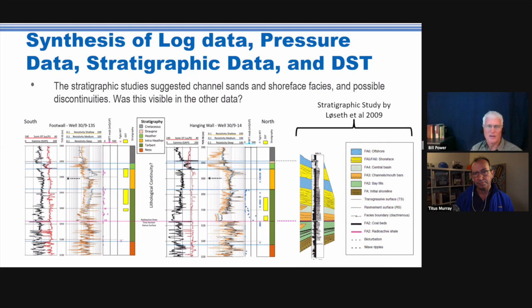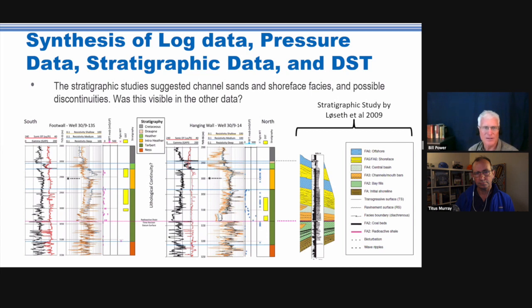Yeah. So the other thing that we were able to then pin down very clearly is how to tie the map, or does the map tie? So you can see in the top of both of those sections, the gray is the Cretaceous. So the base of the Cretaceous is where the gray ends. And that's where supposedly the reservoir starts, according to the analysis presented in the 1997 papers.